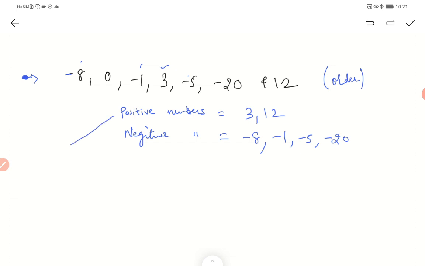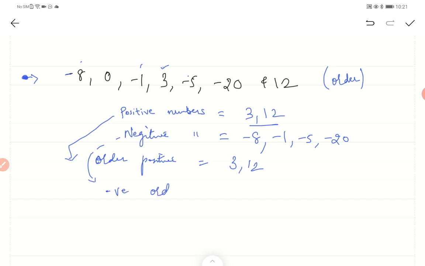Now order the positive numbers from small to big. Okay, order them as ascending. 3 is smaller than 12, so 3 and 12 is the ascending order of positive numbers. Now the order of your negative numbers.